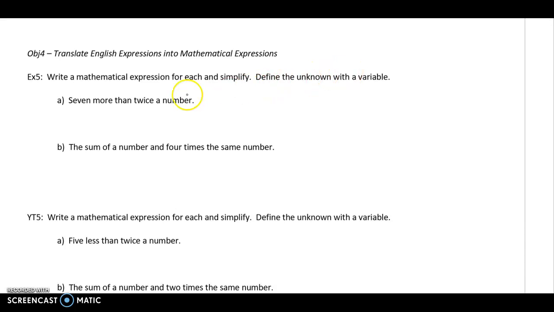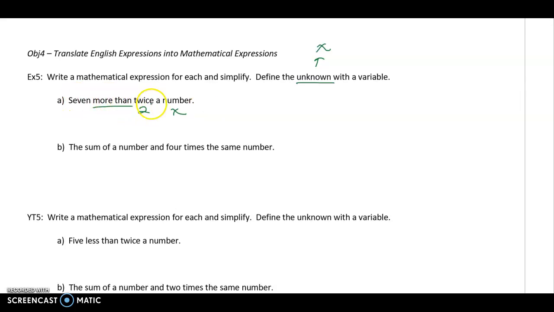So 7 more than twice a number. More than is similar to less than, except we learned that with adding we can switch them and with subtracting we can't. So technically twice a number should come first. Twice a number being x. The unknown variable can be x or whatever letter you want, but we usually use x.